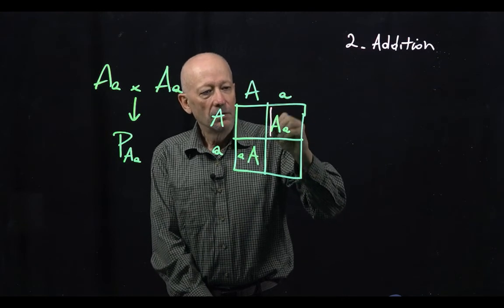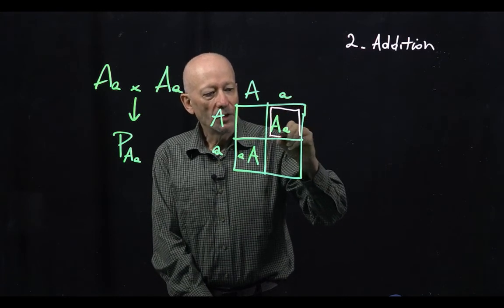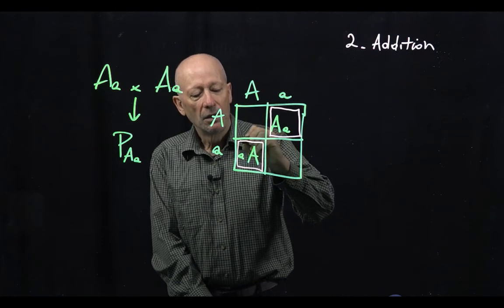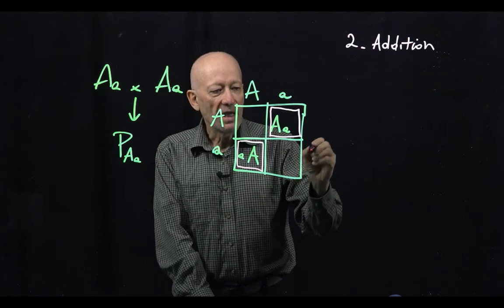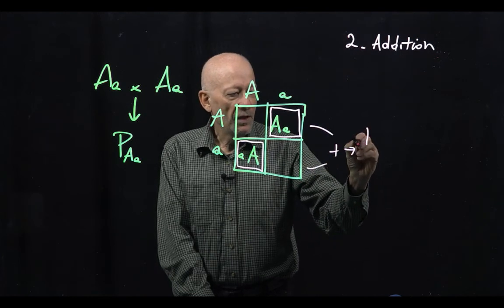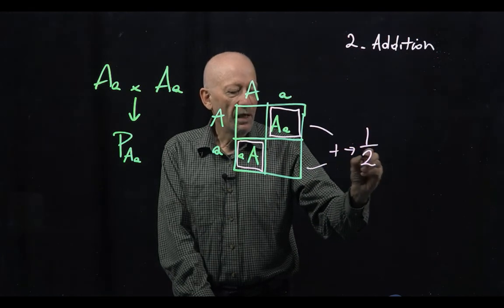These 2 events are alternative. They each have the probability of 1 out of 4. We add these 2 to give us the final probability, which is 1 out of 2, or one half.